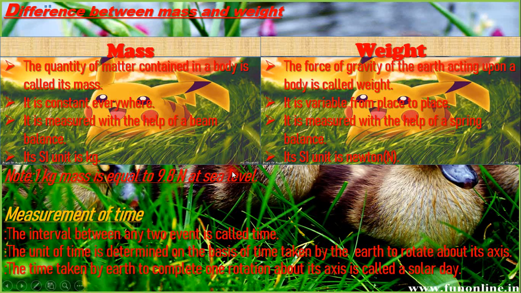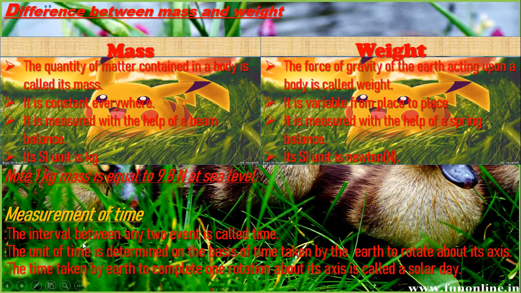Coming from school and reaching the house are two events, and the interval consumed between these two events is known as time. When I say it took me 5 minutes to reach home from school, it is time.